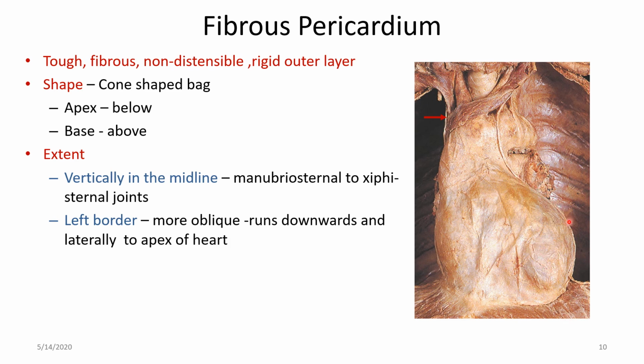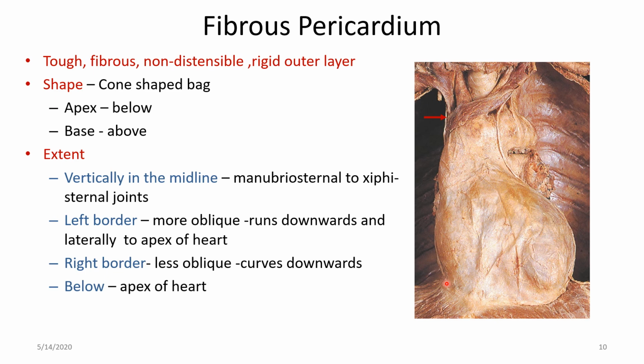It is running downwards and laterally towards the apex of the heart. Its right border, if you see, is less oblique and it is curving downwards. Observe the left border and the right border. And below is the apex of the heart. That is the extent of it.